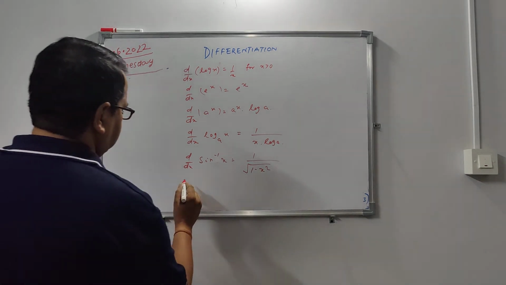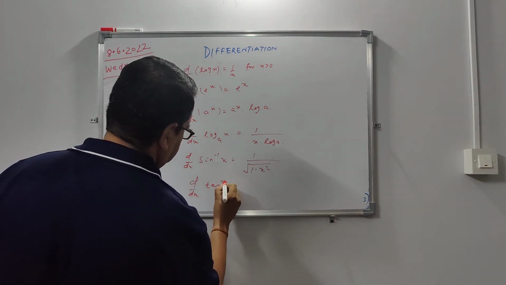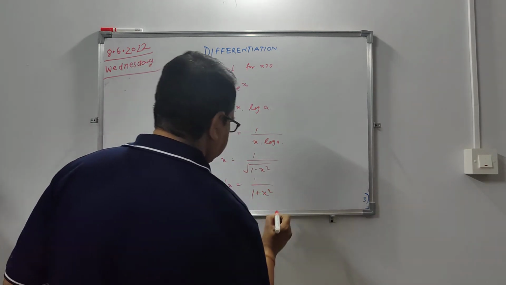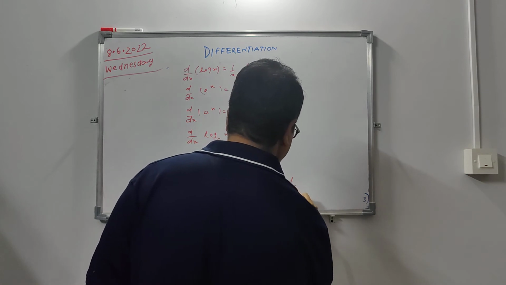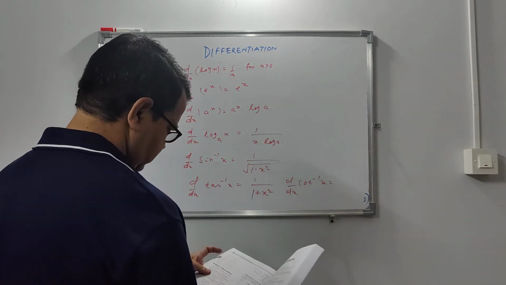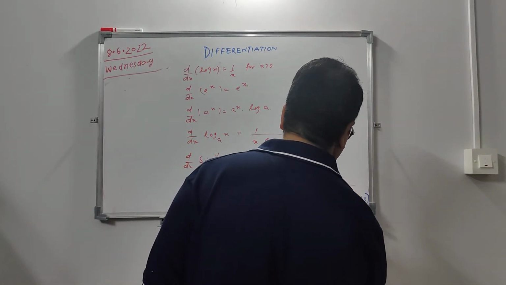So d by dx of tan inverse x is 1 by 1 plus x square. And d by dx of cot inverse x is minus 1 by 1 plus x square.